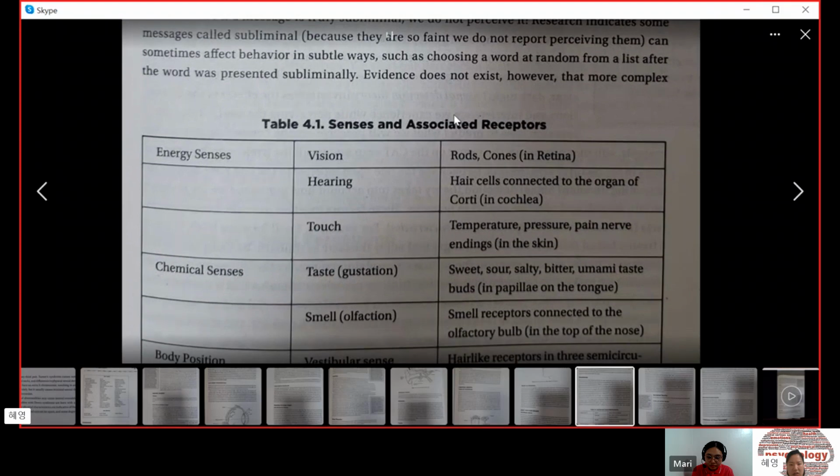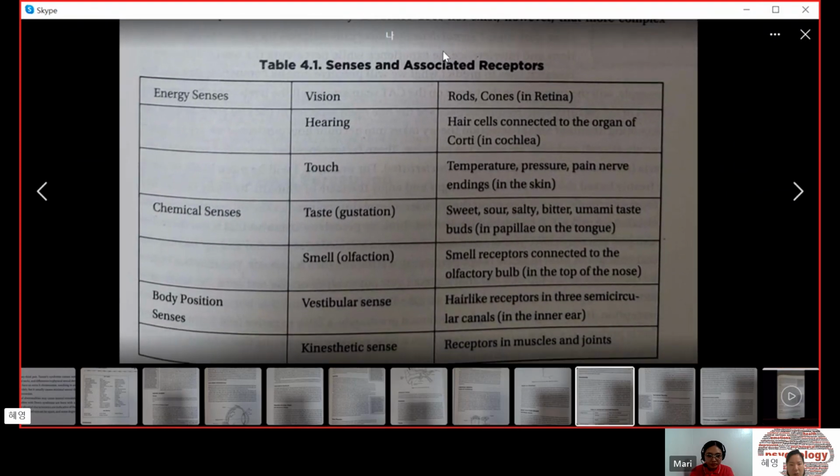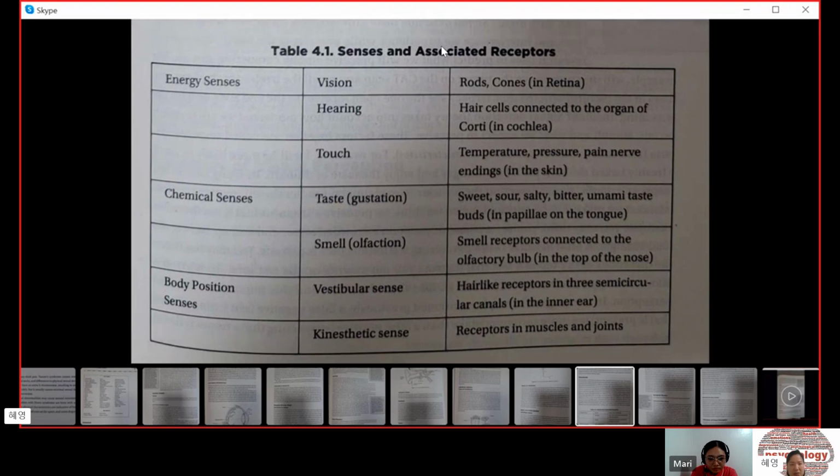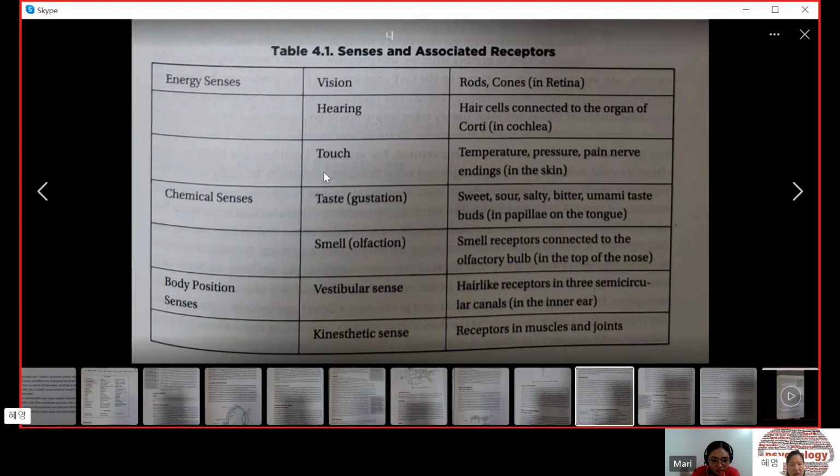So here, there is a box: hearing, touch, taste, smell, and vestibular sense, kinesthetic sense. These are chemical senses, taste and smell, and these are body position senses. And hearing, just like hair cells connected to the organ of Corti.